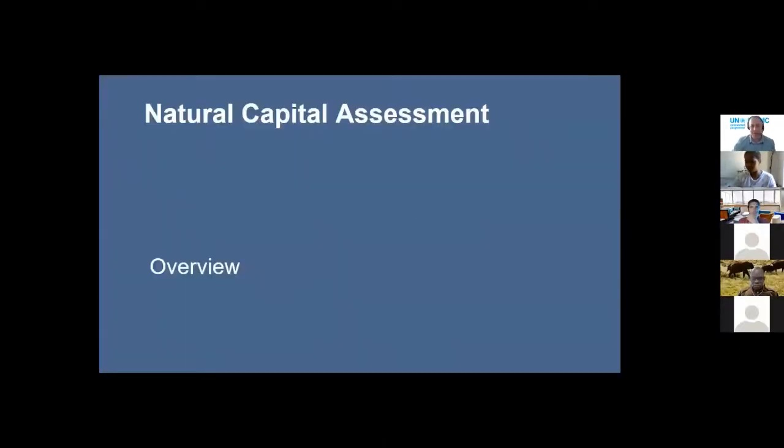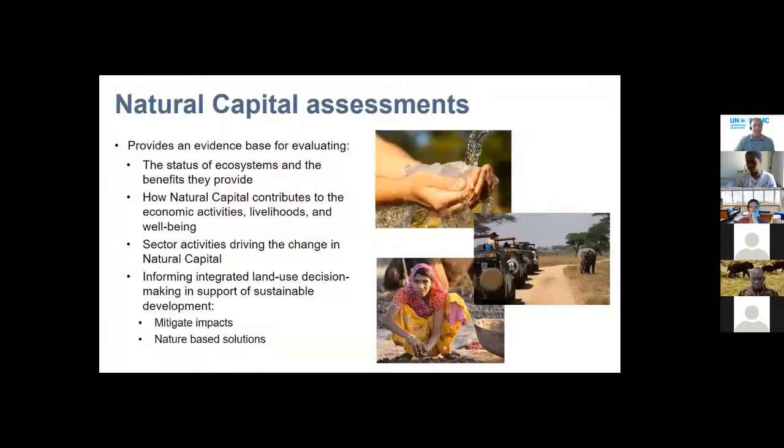At this point, we'll just go into an overview on natural capital assessment before really looking at step one. So why do a natural capital assessment? Good question to start with, really. Essentially what we're trying to do is provide an evidence base for evaluating the status of ecosystems and the benefits that they provide.